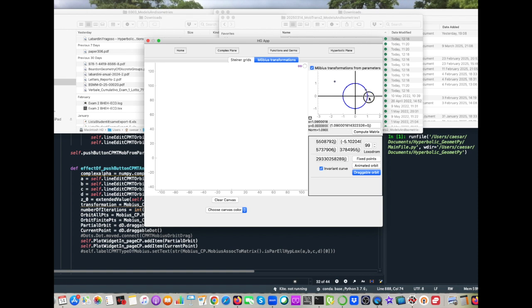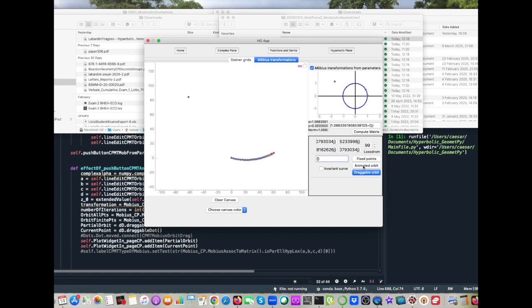And now let's say this one is close to 1. Close to 1 means that I'm not going to explode so quickly. And then I again choose my two fixed points, compute the matrix, and then take 0, and animate the orbit. It looks like it's getting away from one of the fixed points and getting close to the other.